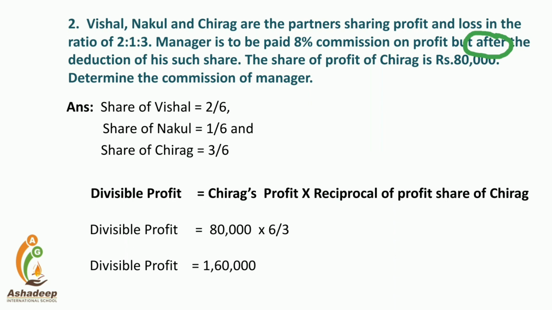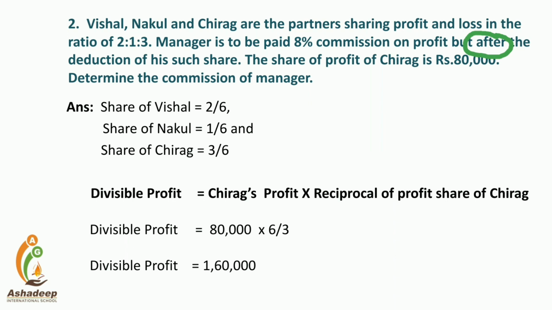Here, profit is not given, meaning net profit is not given. In this case, whatever profit we get will be divisible profit. How can we find the divisible profit? First, we write the share of each individual partner.